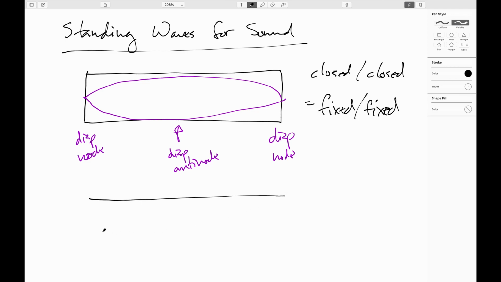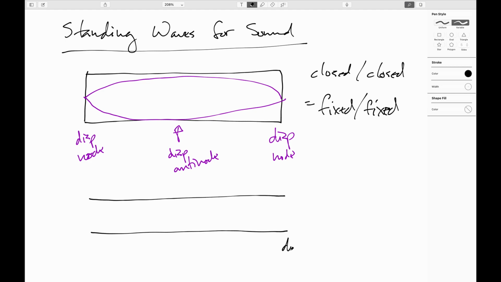If both ends of your pipe are open, so for instance, we might be looking at certain kinds of organ pipes, certain kinds of organ pipes can be well modeled as being open on both ends, or just plain a pipe. Here, since we're open at both ends, this is where the air is going to be most free to oscillate back and forth.